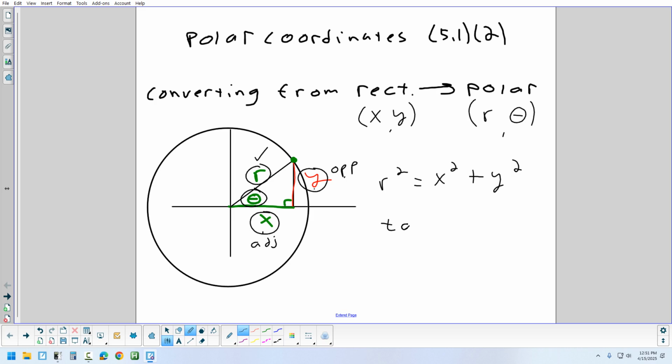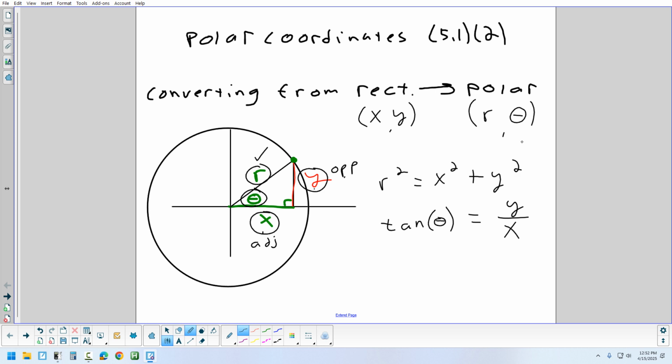So tangent of something is going to equal something. What do we fill in inside the parentheses for tangent? Theta. So it's the tangent of my angle. And tangent is opposite over adjacent. What side is opposite? Y. And what side is adjacent? X. Y over X. So that's a formula for the tangent of theta.